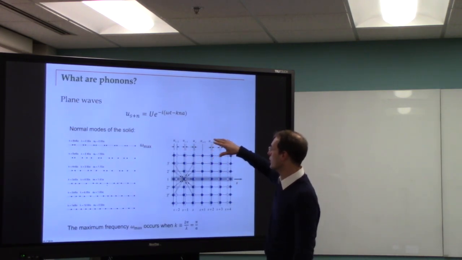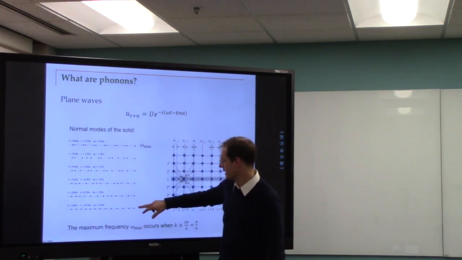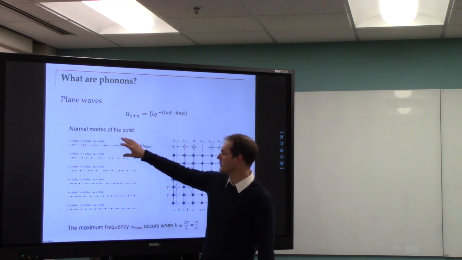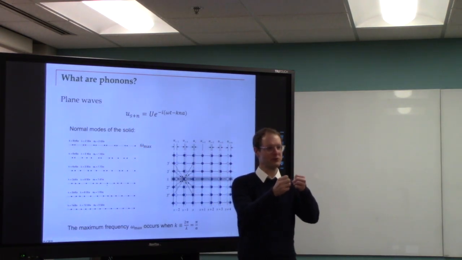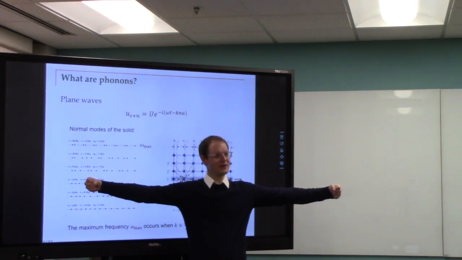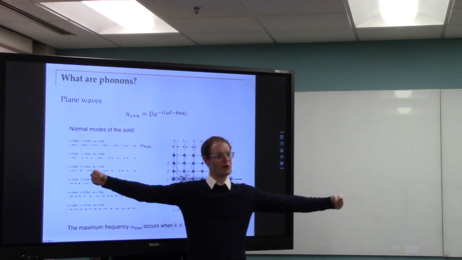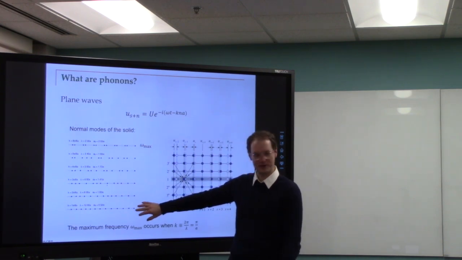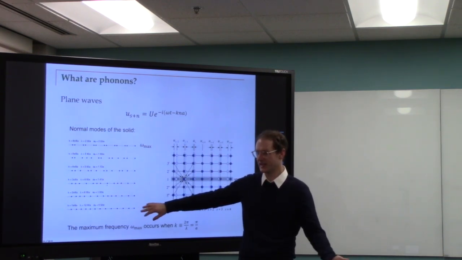And so, basically, if you think of the solid as like a really long linear molecule, then that would have normal modes of vibration, and those are analogous to the one-dimensional phonons on a 1D lattice.